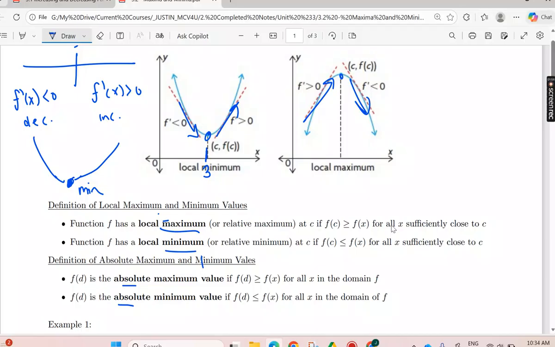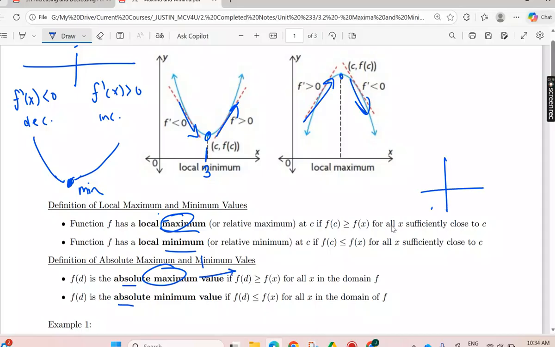The analogy I like using in class is, let's say you are the best hockey player in your township. Wherever you are, you could be one of the local maximums, but you are not the absolute maximum because that honor belongs to Connor McDavid. So same kind of idea.